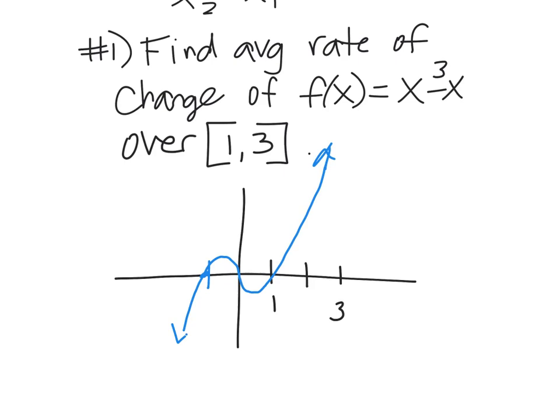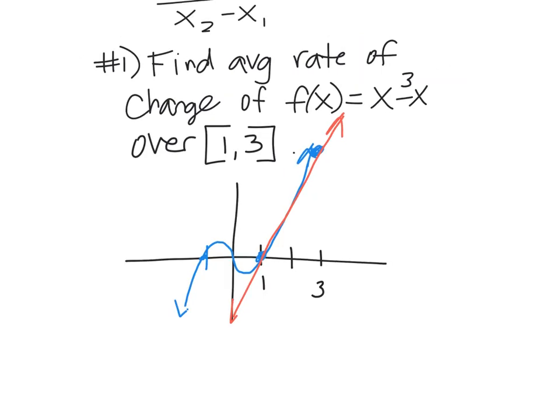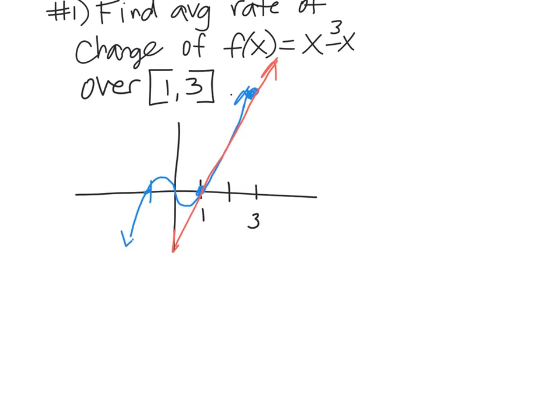So right here, we want to find the average rate of change from 1 to 3. So we're going to find the slope of the line that contains those 2 points. A better drawing is if you have 1 and then you have 3. At 1, you get 0.